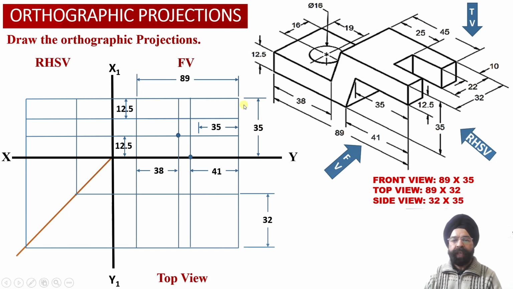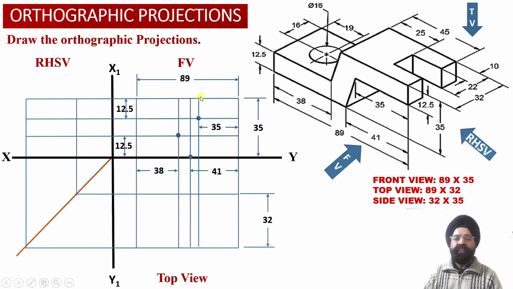So now we can check at a distance of 12.5 millimeter below the top surface of the solid and at a distance of 35 millimeter from the right hand side face of the solid. So this point we can locate over here. This is going to be our point number 3 corresponding to this inclined web.